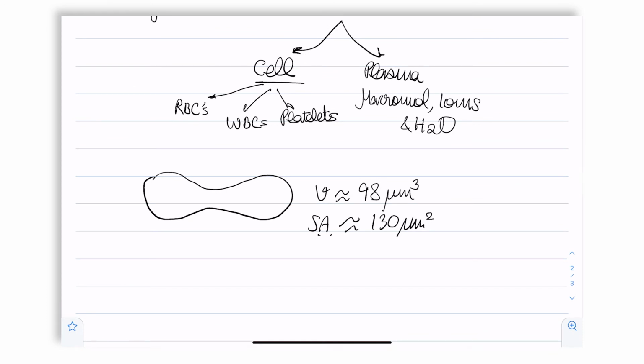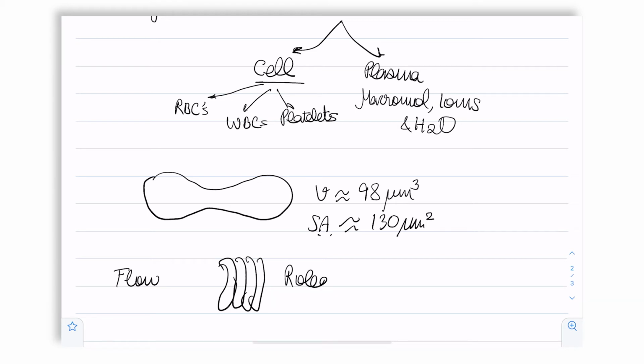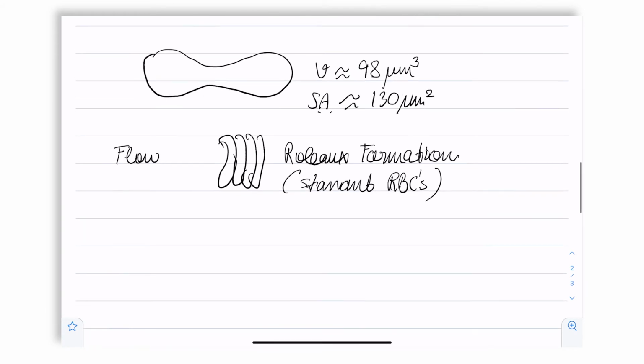During this flow, you may observe that these discoid red blood cells form a sort of stack of dishes. This is also referred to as rouleau formation. It indicates stagnant RBCs, resulting in the stacking.